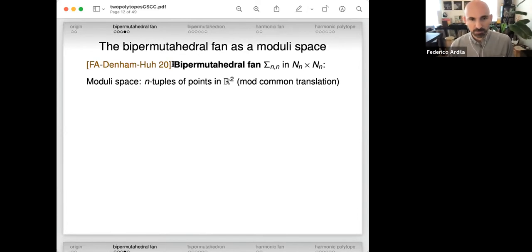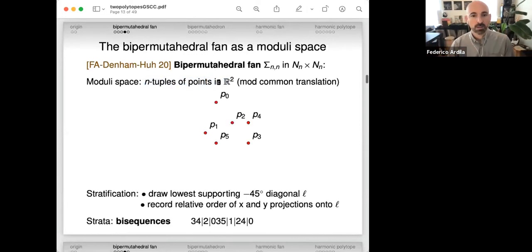It's going to be a fan. Similarly, it's going to be some kind of model for n-tuples of points. The difference is that now the n-tuple is allowed to move in R^2. Okay, so the points are actually moving around the plane. And so here is one configuration of points that lives in here.